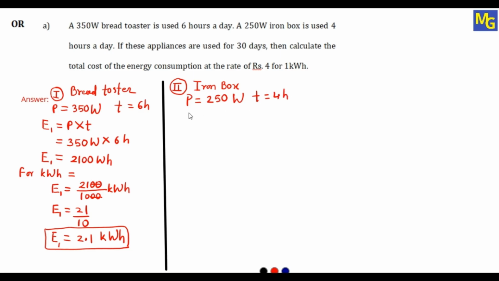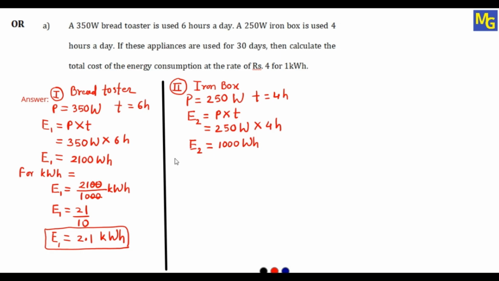So substitute the value. The formula is E is equals to power into time. Power is 250 watt and time is 4 hours. Multiply 250 into 4. So here we will write E2. So 250 into 4 will be how much? It will be 1000. So therefore 1000 watt hour. Again this will be in watt hour.